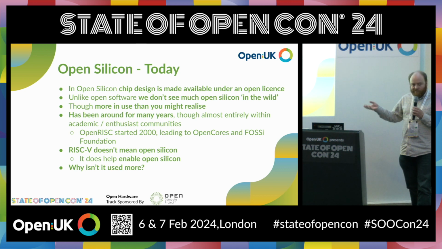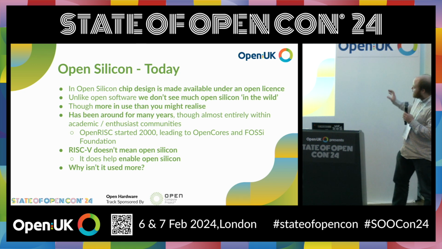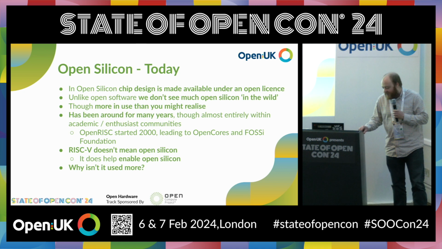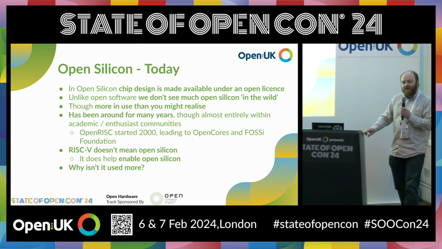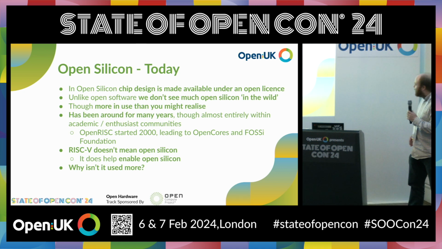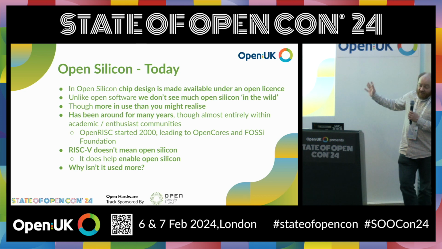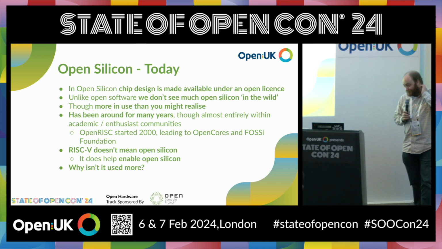I think that was started around the turn of the millennium, maybe 98, 99, 2000. This resulted in a website called OpenCores, which I guess was aiming to be the GitHub of open silicon of the early 2000s. It didn't quite pan out that way, but it was an early example of work in the open silicon field. And this also spawned off the Free and Open Source Silicon Foundation.